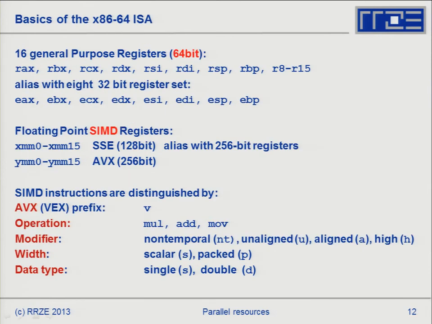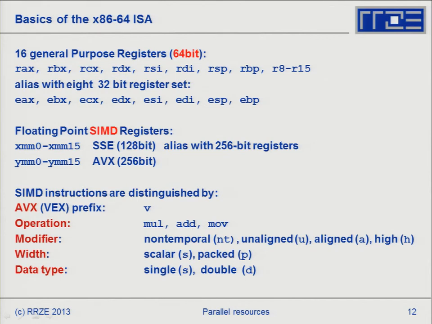You have to know a little bit about the x86-64 instruction set architecture, which means not only which instructions do we have, but also which registers does the architecture use. How many of them are there and how are they named? In x86-64, we have 16 general purpose registers for integer operands. They are 64-bit wide, and they are called RAX, RBX, RCX, up to RBP.